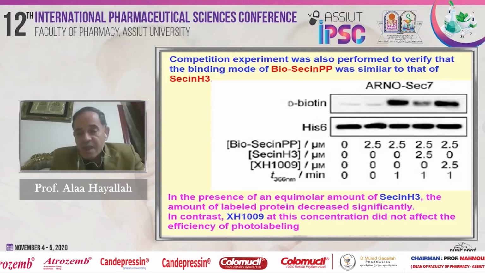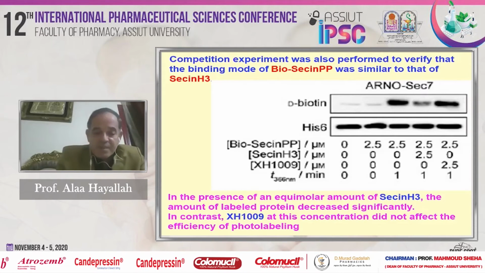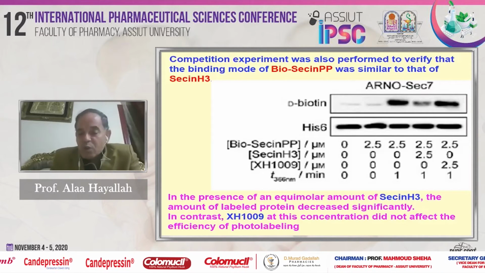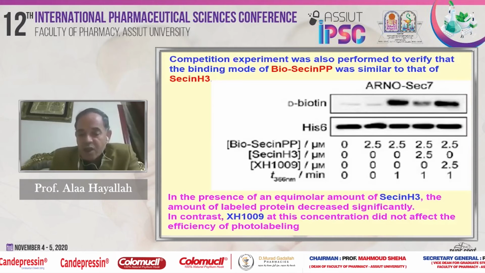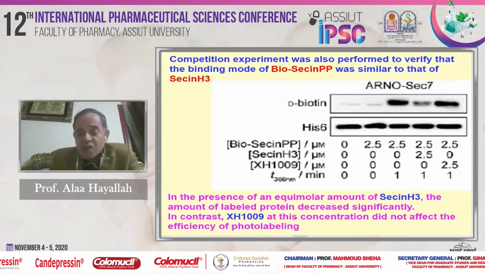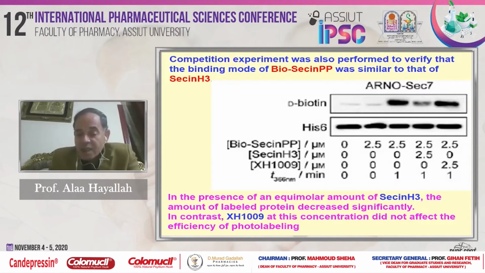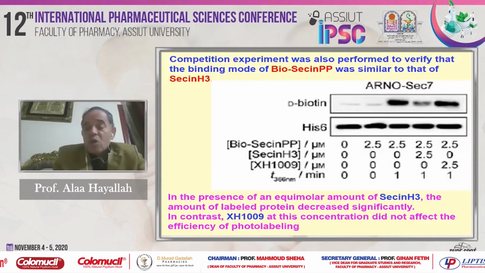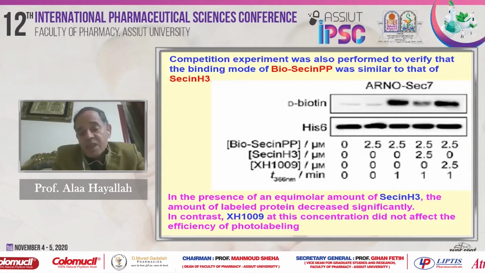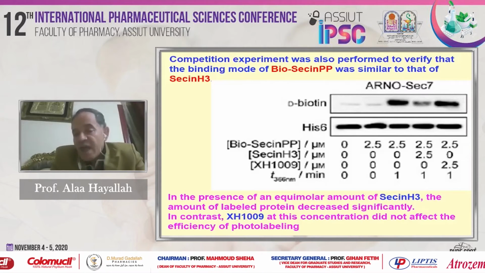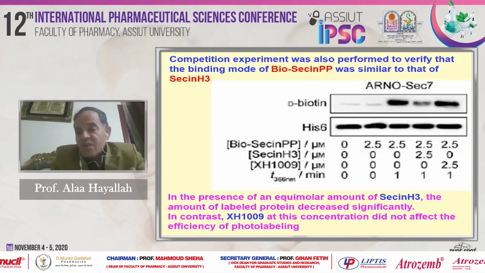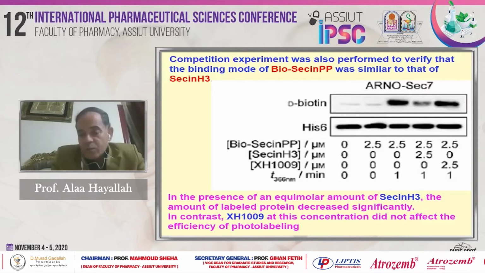As you see, the labeling disappeared. In the presence of an equimolar amount of cysteine H3, the amount of labeled protein, as I said, decreased significantly. In contrast, XH1009 did not affect the photolabeling, because we discussed before that XH1009 has no affinity towards ARF GEF protein, or specifically the ARNO Sec7 domain.